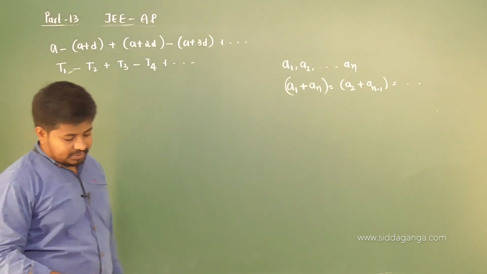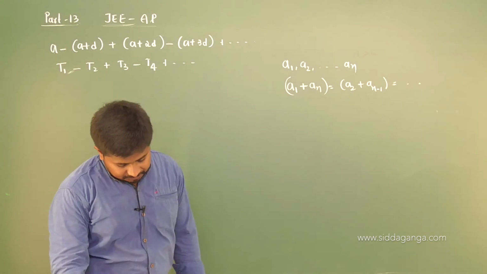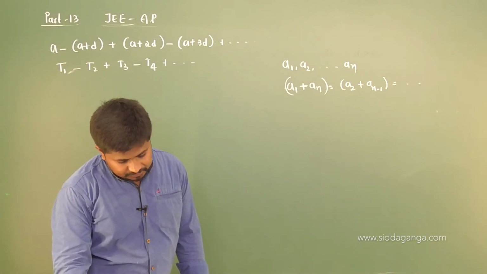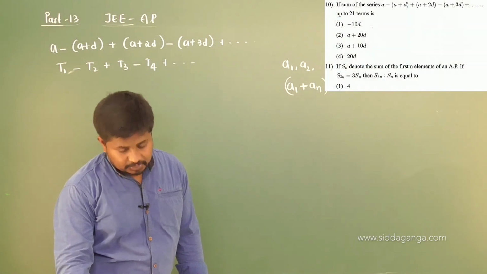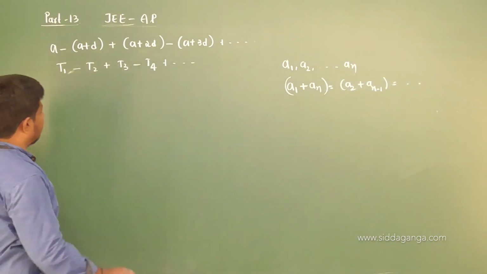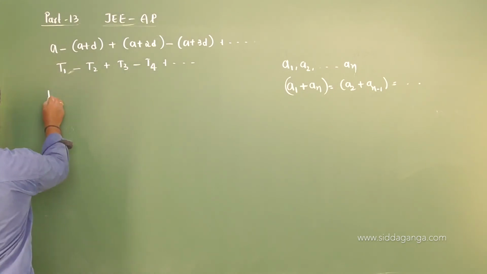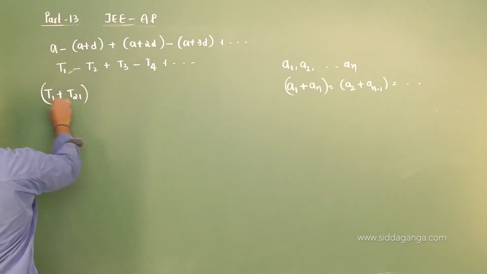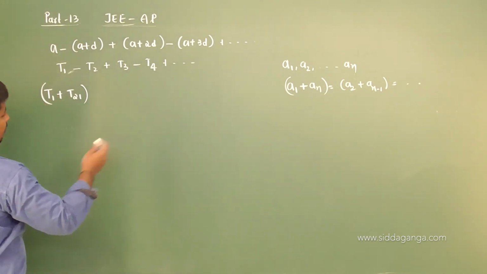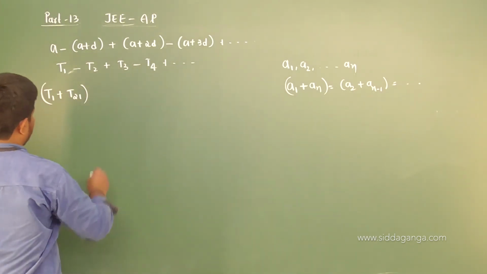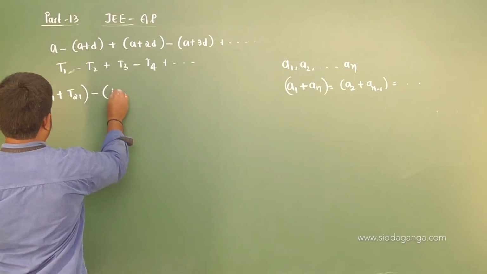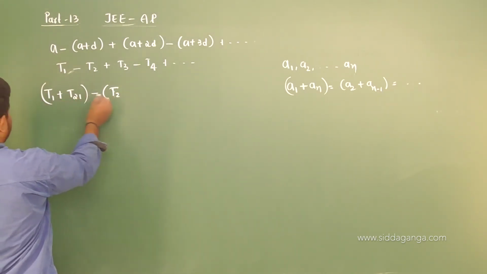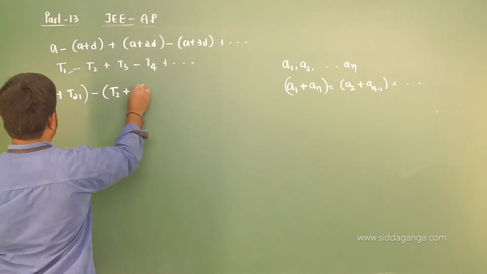Because we have to find the sum of 21 terms, no? Right? We would have to find the sum up to 21 terms. Okay, let me rewrite this as T1 plus T21. Now minus T2, the corresponding term of this, I mean sum of these two. See, 1 plus 21, here the corresponding one will be what? T20, right?